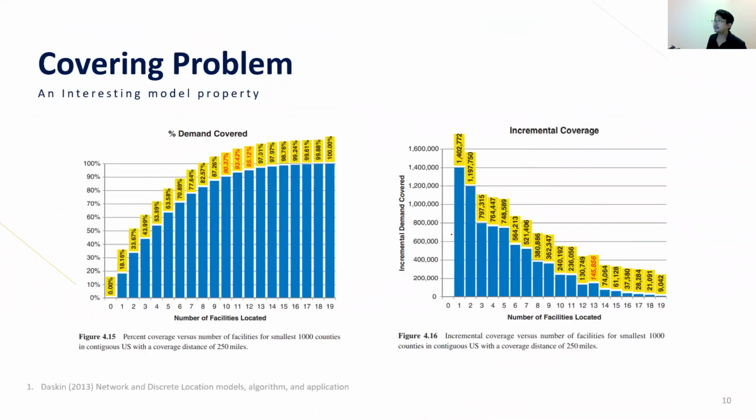One particular characteristic of the covering problem is that whenever you increase the number of facilities that can be located, meaning the number P, it is normal that you will reach a certain point, a certain number of facilities, where the demand covered will be 100%.